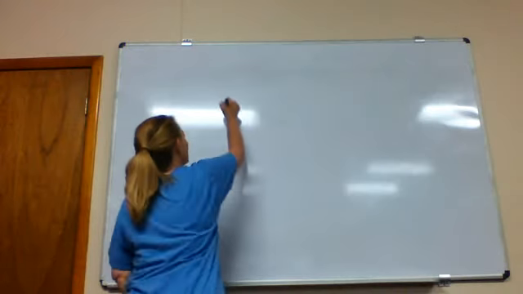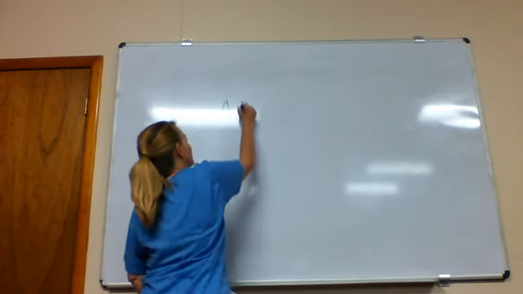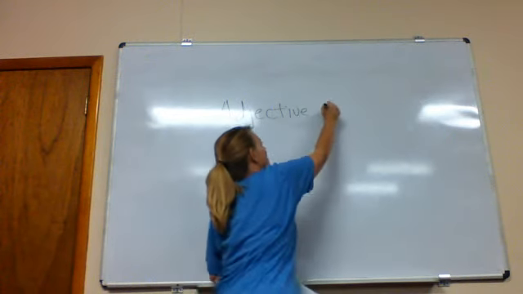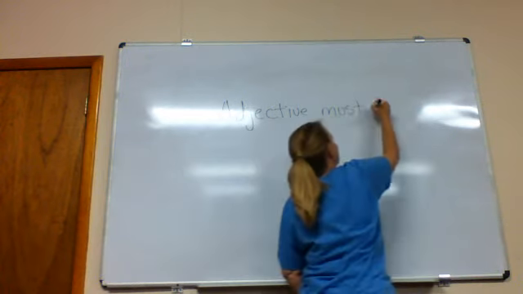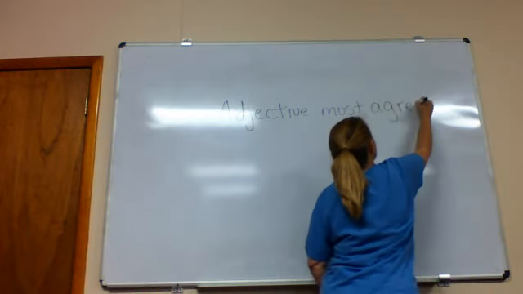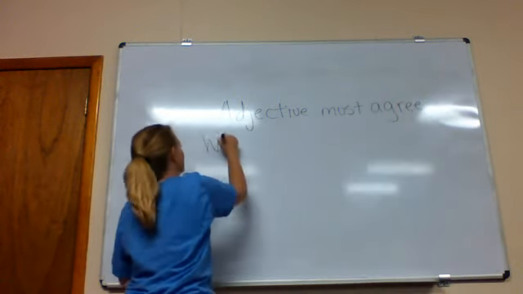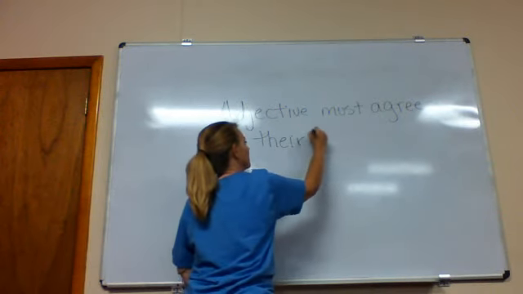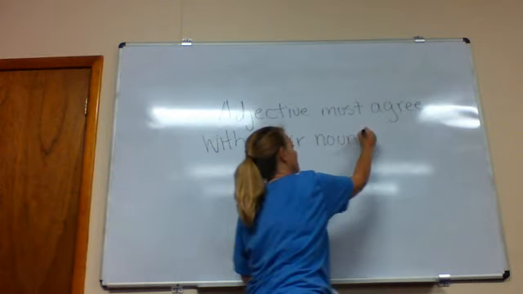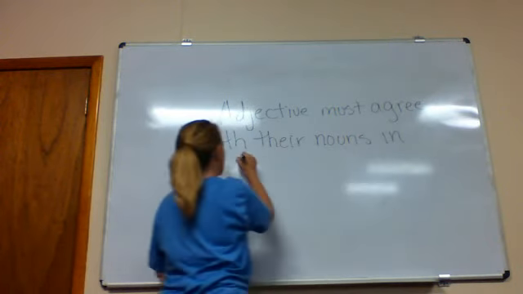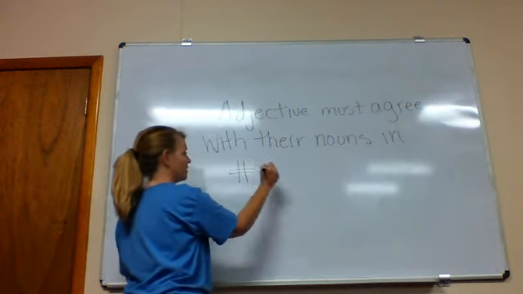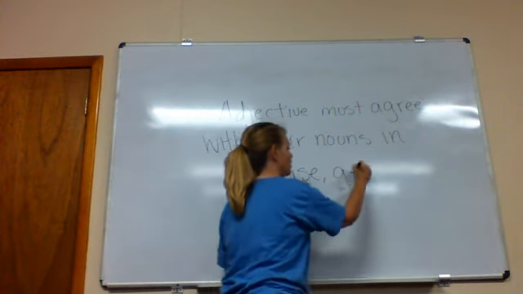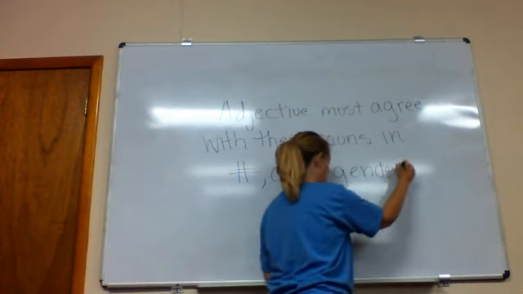Okay, so I'm going to write this down, and you might want to write this down too. This is a good one. Adjectives must agree with their nouns in number, case, and gender, and there's a big but.